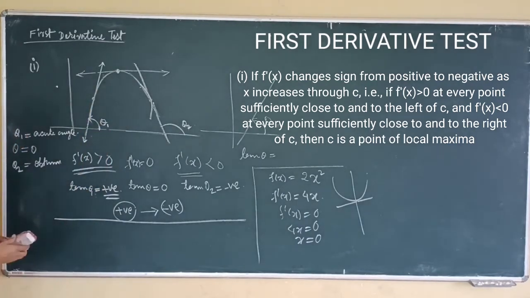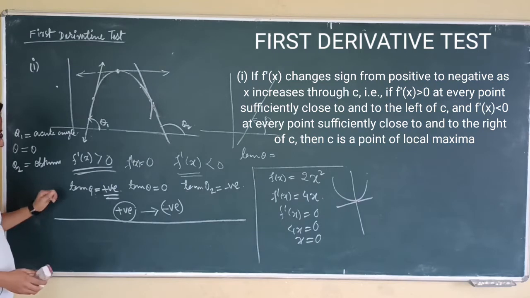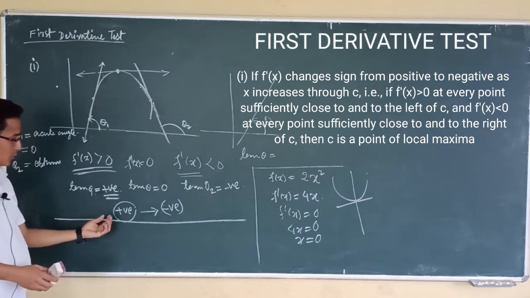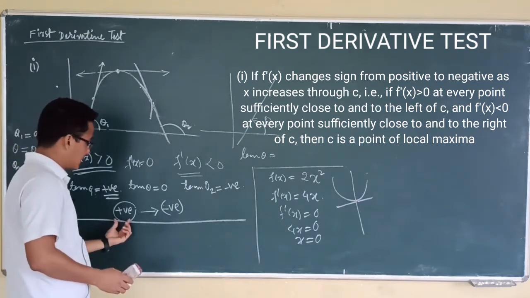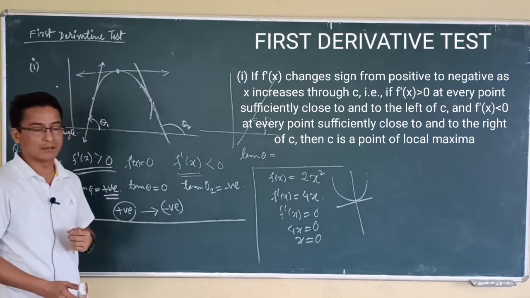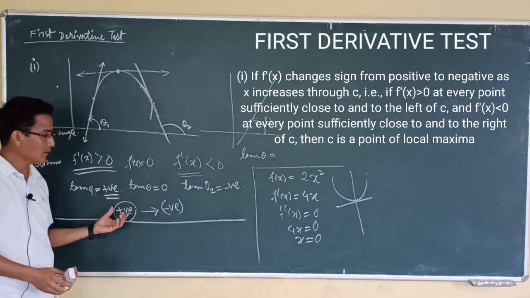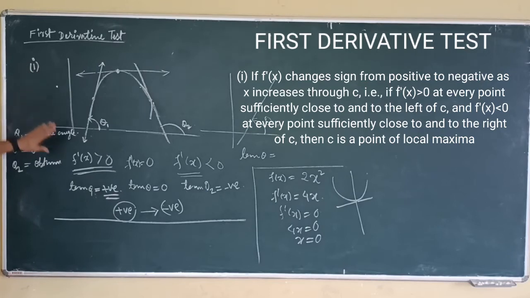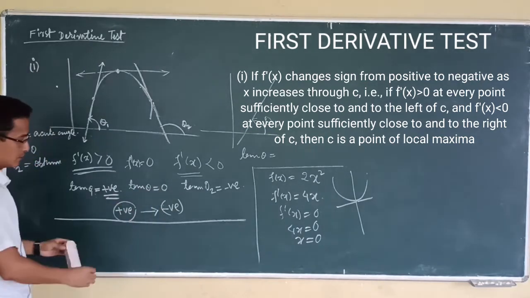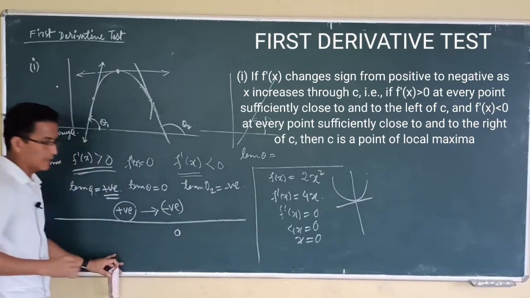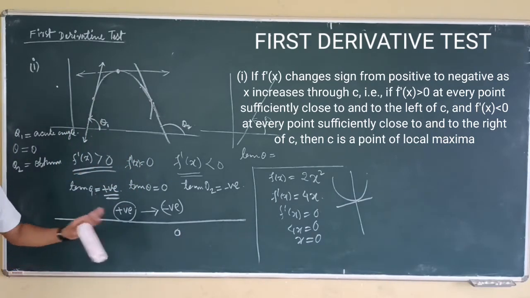Okay. So for condition number 1, when the value travels from positive direction to negative direction, then we will get the maximum value of a function. For that, suppose 0 is the critical point. Then what can we do?